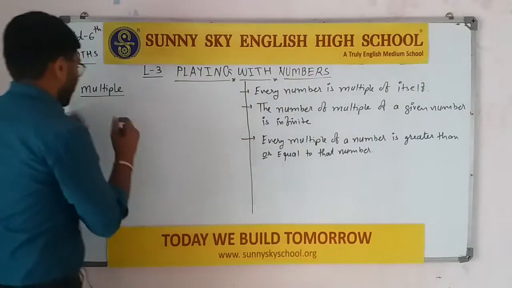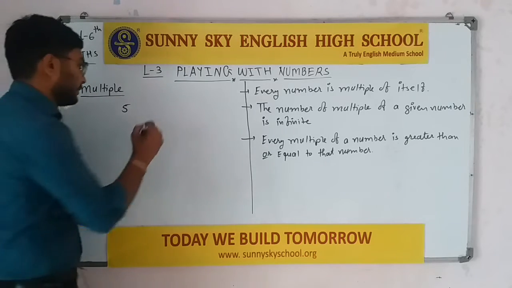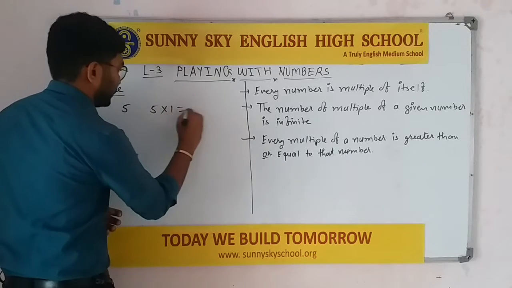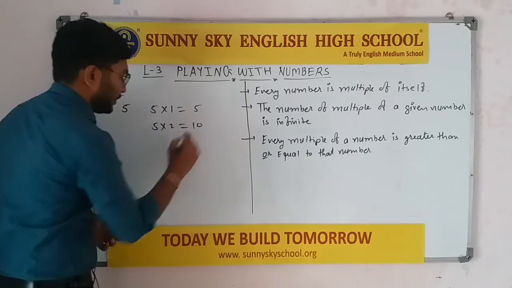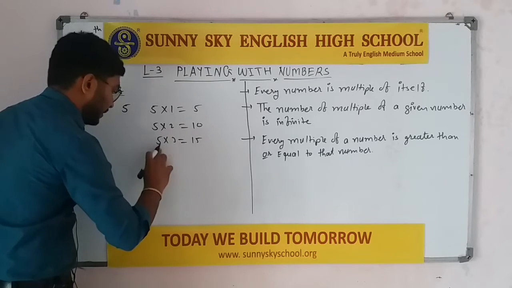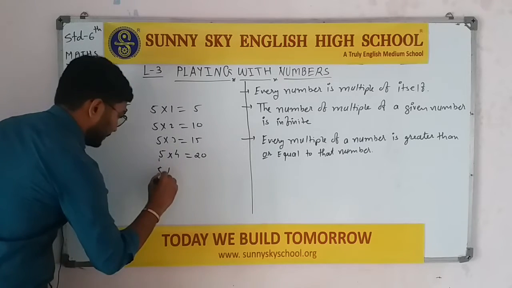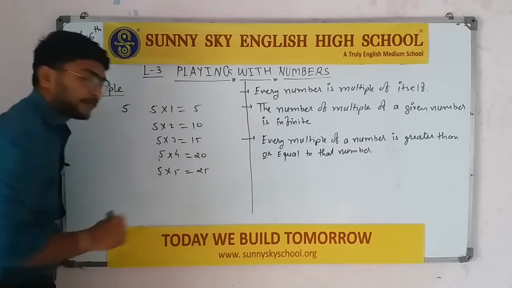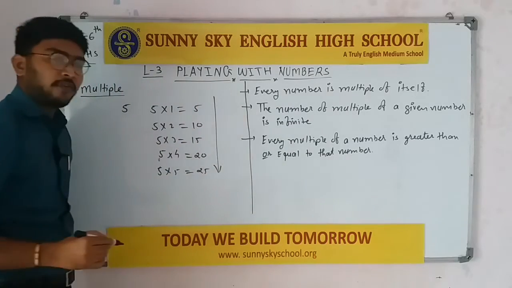See, we find the multiples of 5. If you want to find the multiples of 5, just multiply 5 with 1. What do we get? 5. Then 5 multiplied by 2 gives 10. 5 multiplied by 3 gives 15. 5 multiplied by 4 gives 20. 5 multiplied by 5 gives 25.